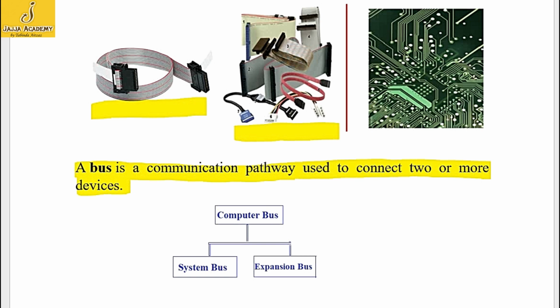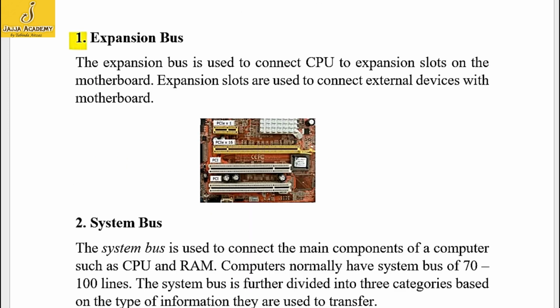There are many different types of computer buses, but we will focus on two types: system bus and expansion bus. Expansion bus. The expansion bus is used to connect the CPU to expansion slots on the motherboard. Let's see what the expansion slots are.